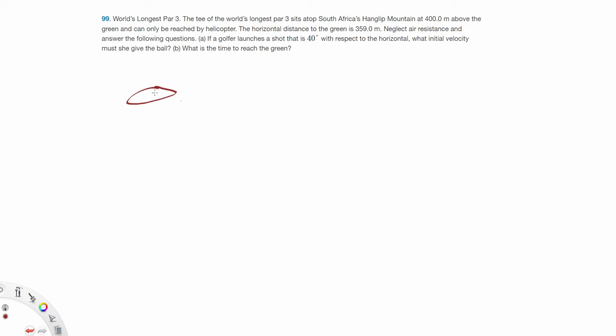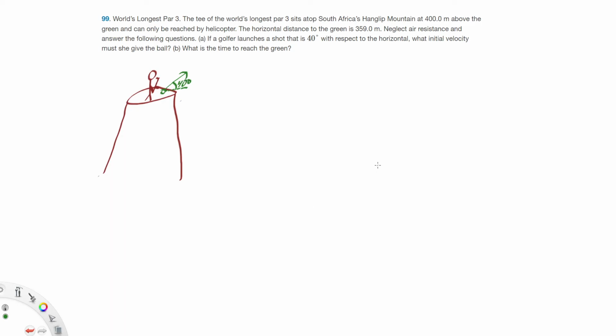So you tee off up here on top of a mountain. Here you are, you've just completed your swing. The ball is traveling like so, 40 degrees above the horizontal.